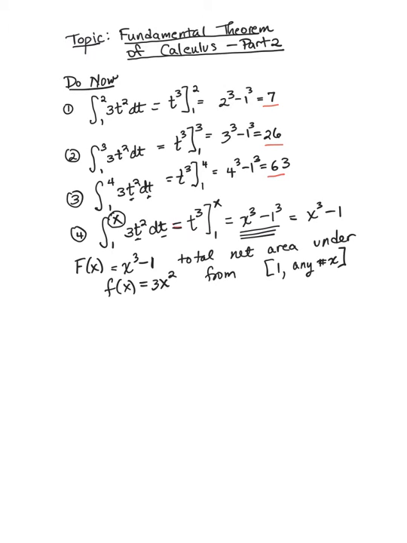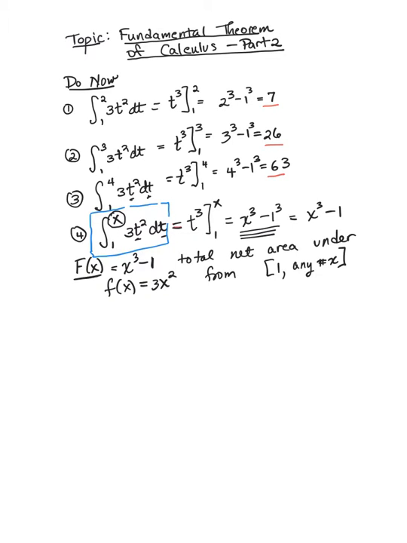Okay, so we say that this definite integral here with the upper limit of integration of x is a function. It comes out to be a function of x, and that function of x represents the total net area accumulated under little f of t dt.